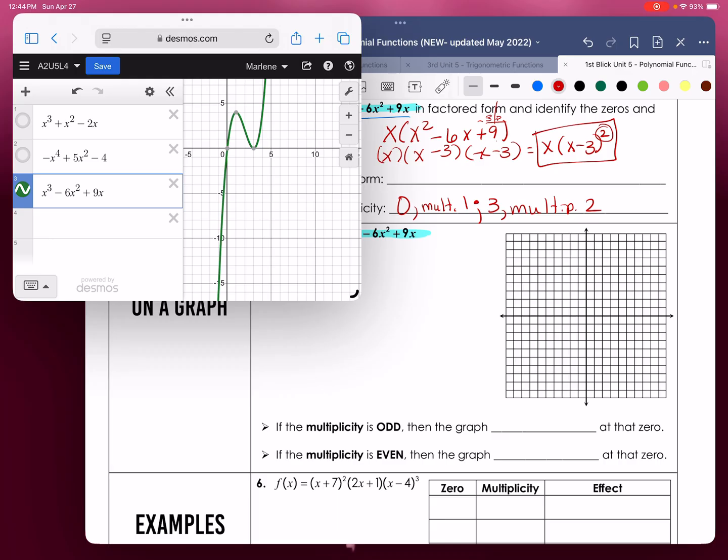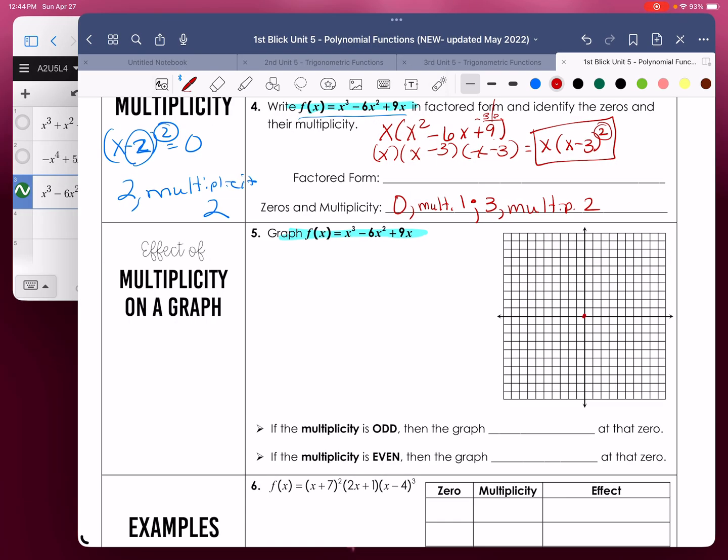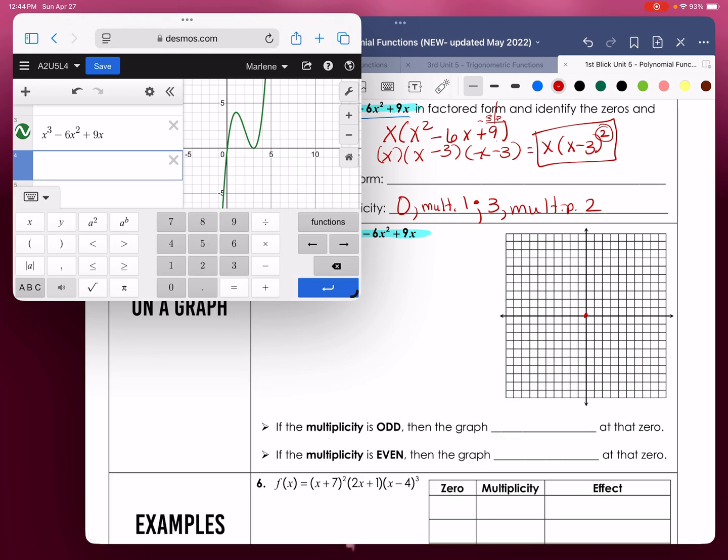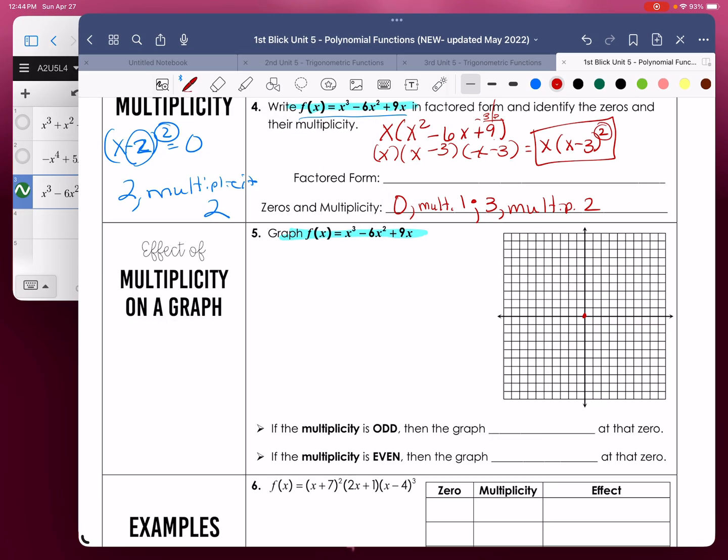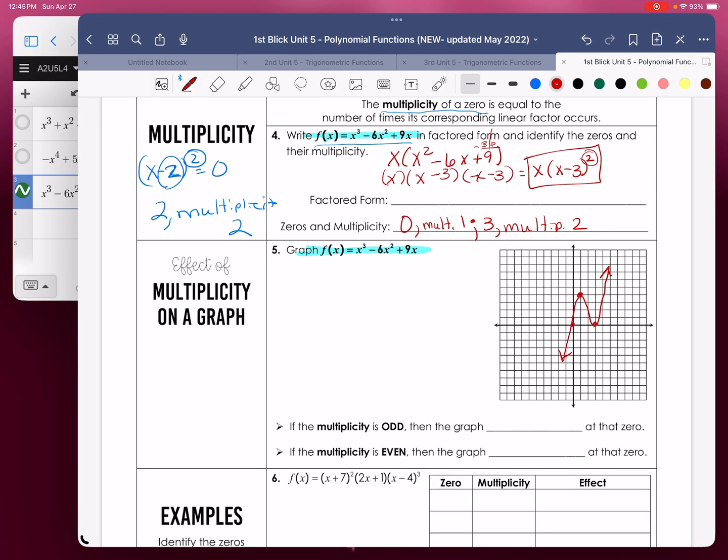We get a point here, and we get a point up there, 2, 3, 1, 2, 3, 4. Then we have a point here, and then the graph of it does like this. Okay, that's good enough.